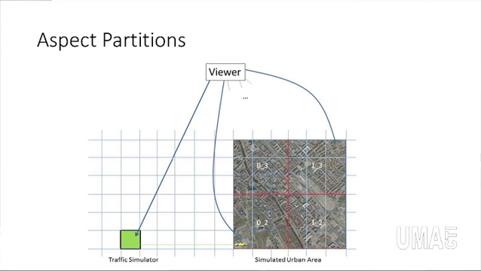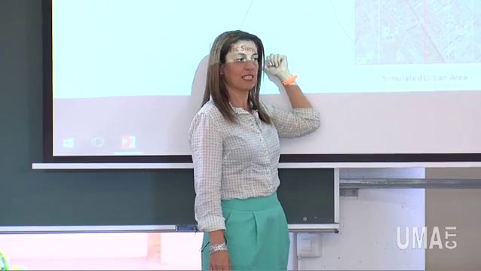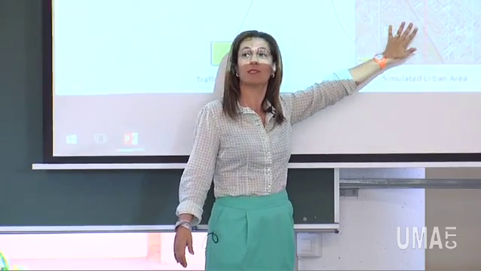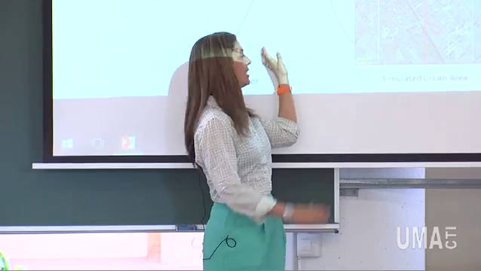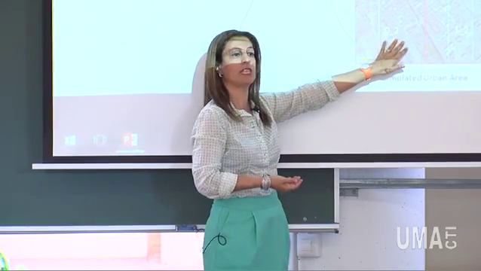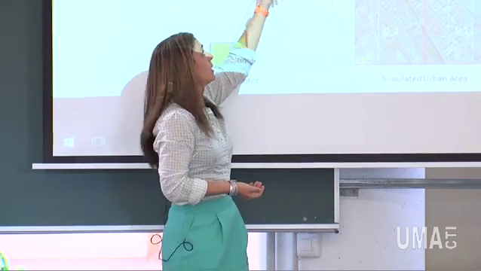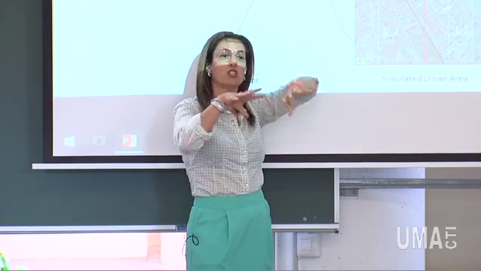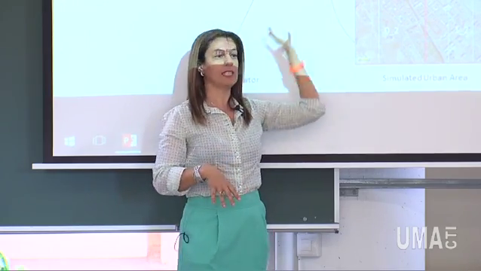Now, the interesting thing is that these servers don't know anything about these cars, okay? It's separation of concerns. These just serve the world, and these cars are an overlay, an aspect that's placed on top of it; these servers don't know anything about it. But the way it works is that it's the viewer, the visualizer, that connects all of this together.